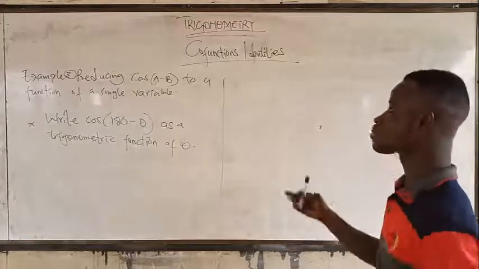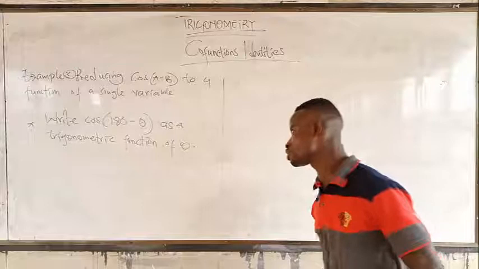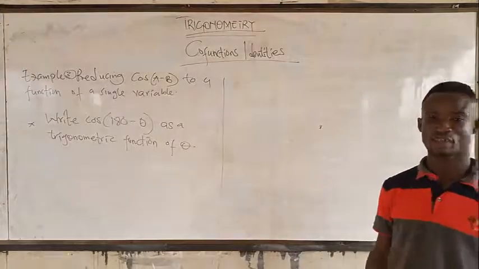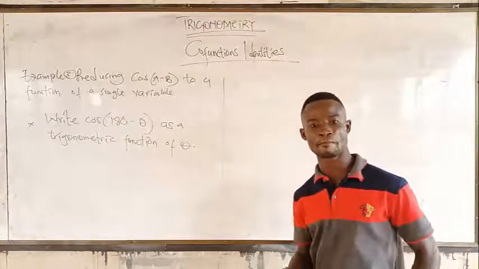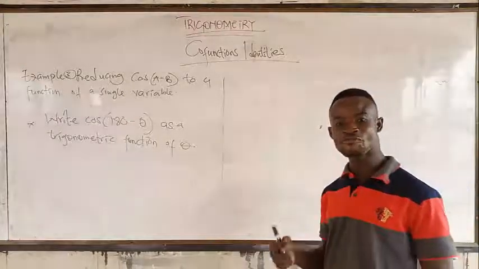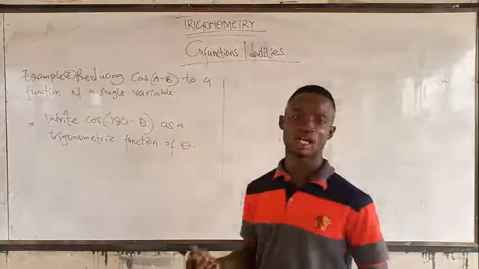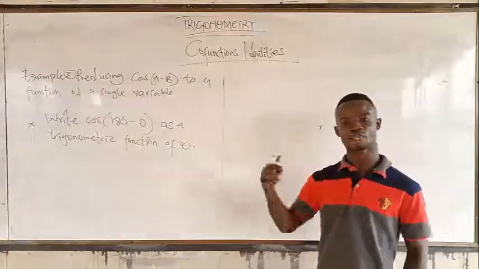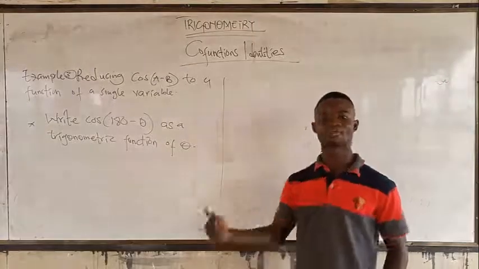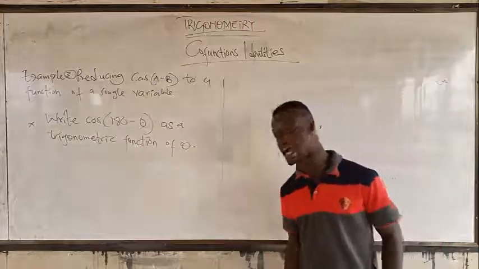Very good. Now, when we are given this question to write as a trigonometric function of theta, what we do is that we are going to use the difference identity. You are going to replace A with 180 degrees and B with theta.